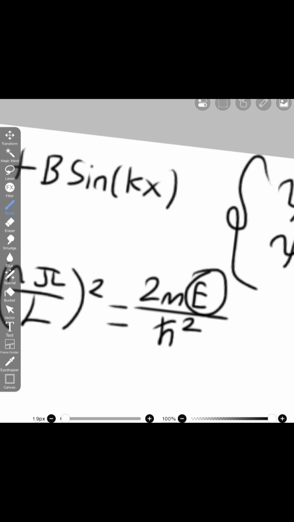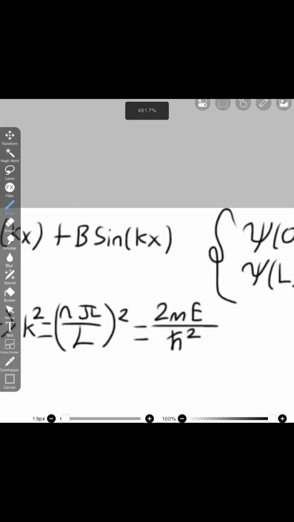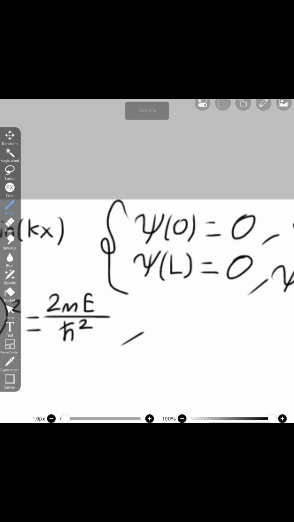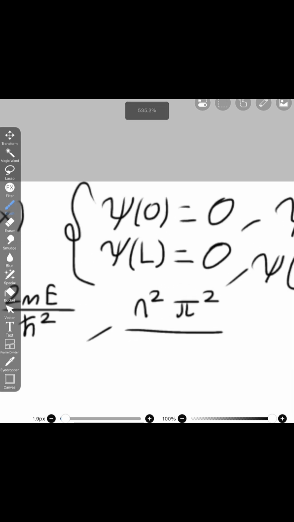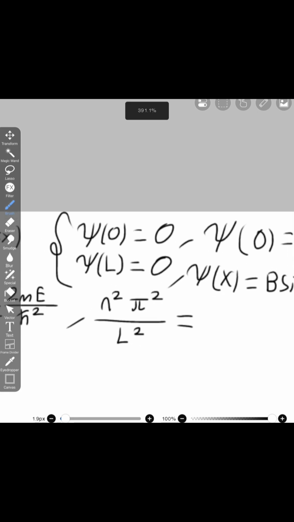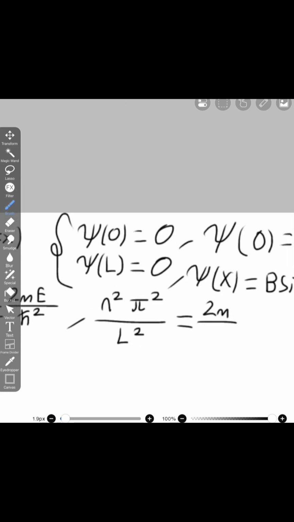So we need to focus on this, E. Let's solve for this new equation, which is n squared times pi squared all over L squared, and that's equal to 2m all over h bar squared times E.